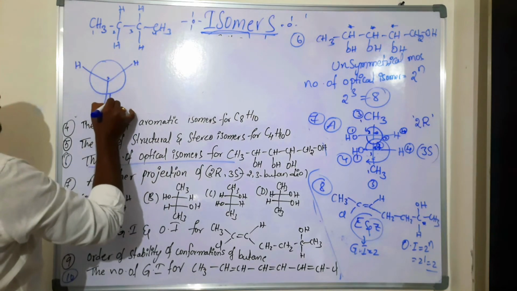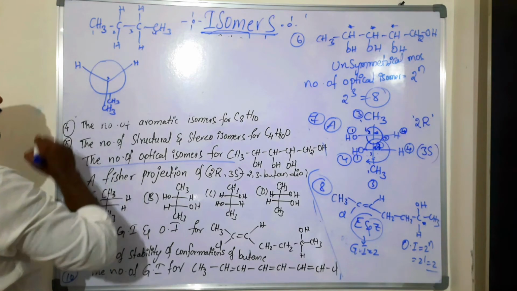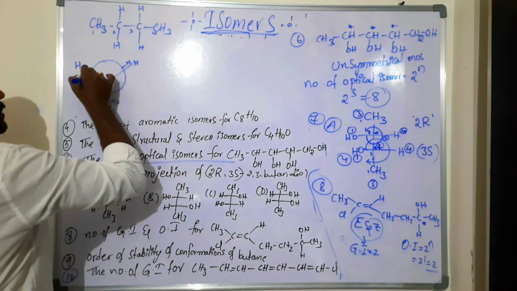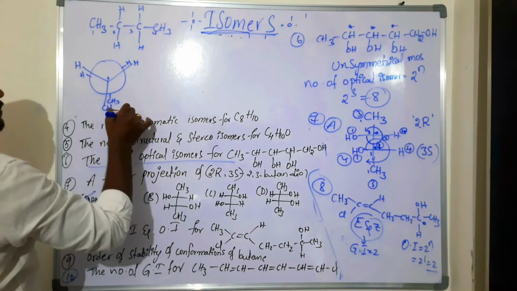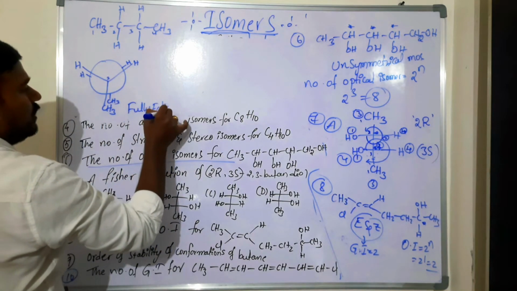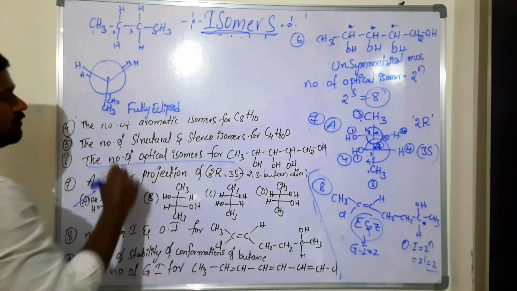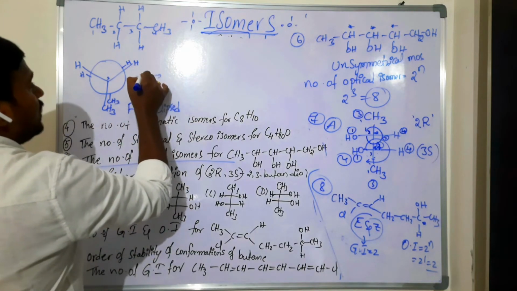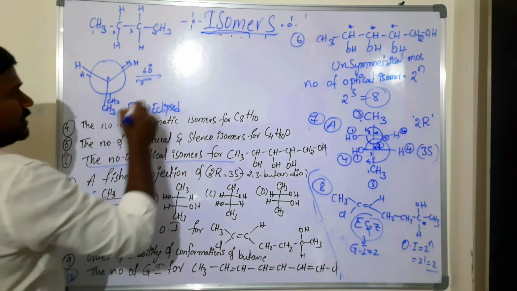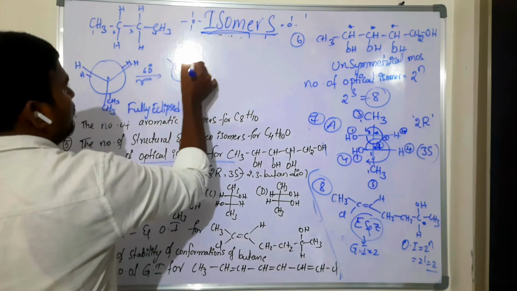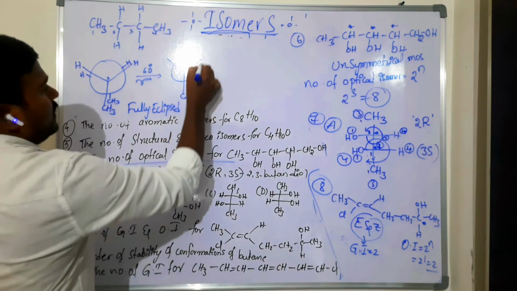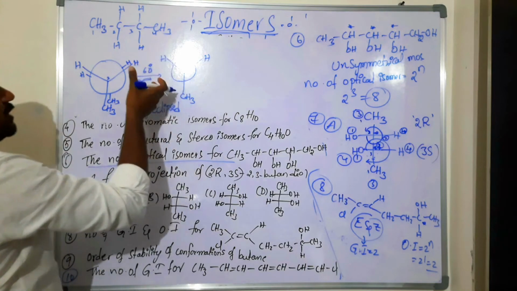If the 2 methyl groups are adjacent, the dihedral angle is 0, and it is called fully eclipsed conformation. Next, if it is rotated by 60 degrees, the front carbon is kept as it is but the rear carbon is rotated.